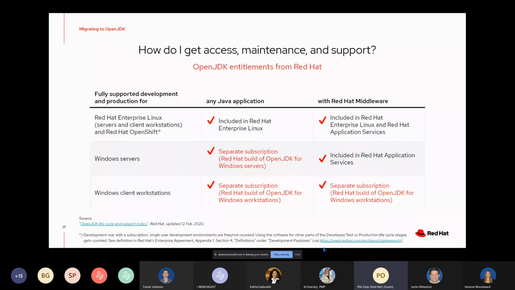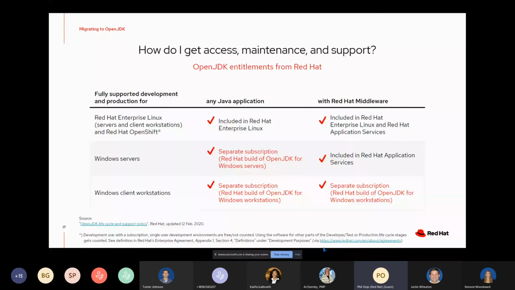There's also a separate subscription for client workstations, again for production capabilities. It's important to note the caveat at the bottom of the slide that for development use with the subscription, single user development environments are free. They're not counted. There's no additional subscription against it.